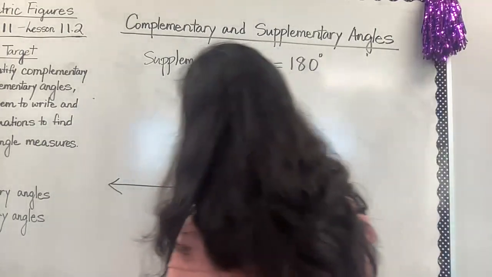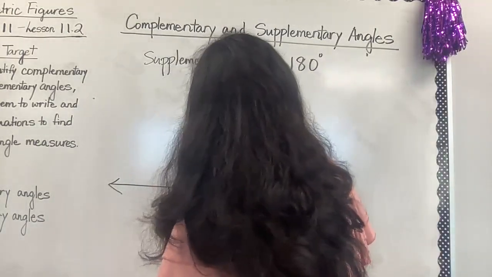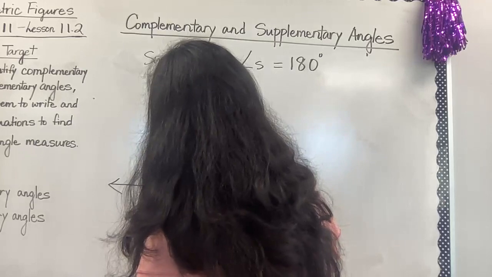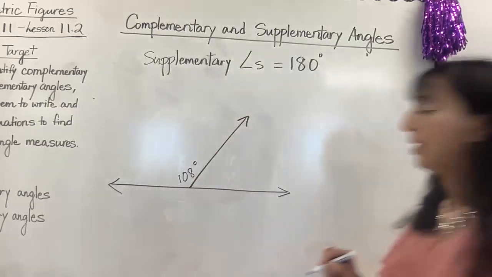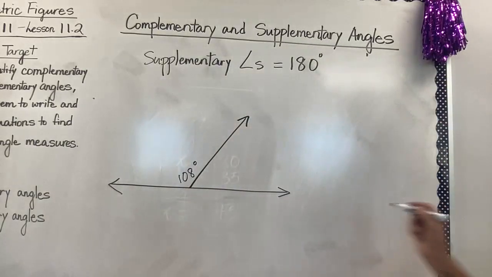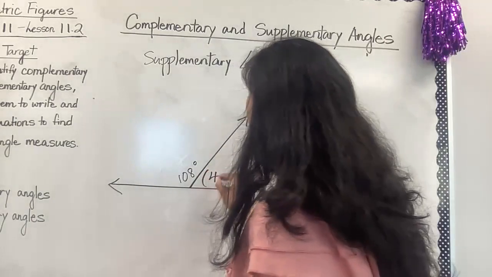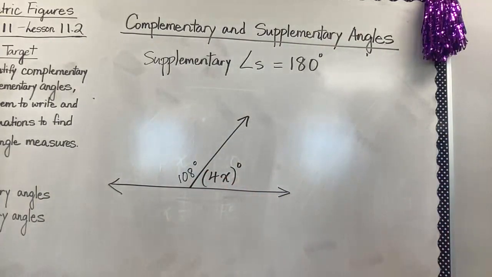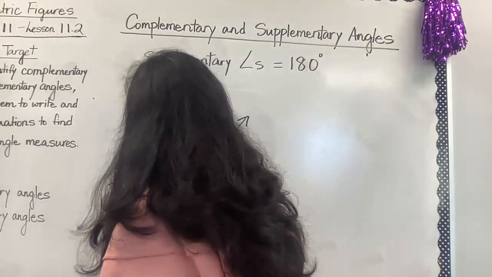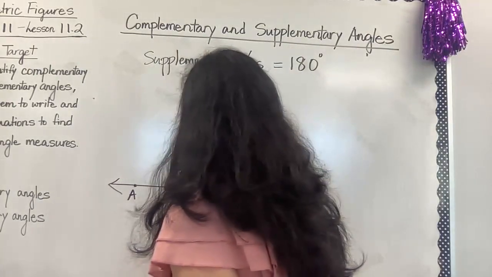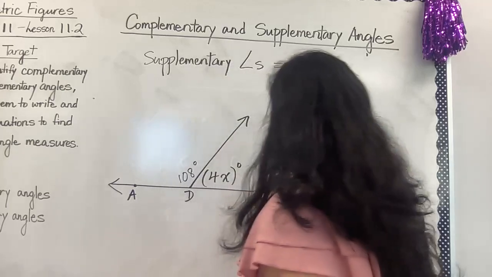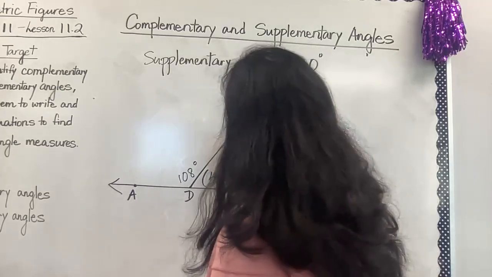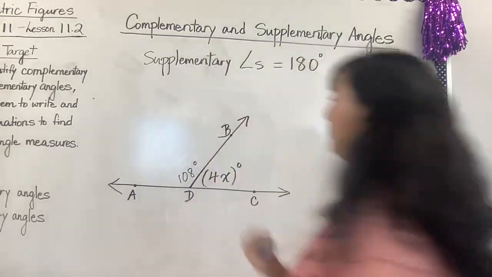And then I do this, okay, and I say this is 108 degrees, and this is 4x degrees. Okay, and so now this is A, this is D, this is C, this is B.